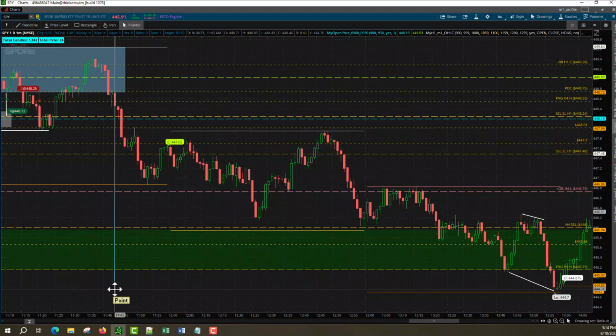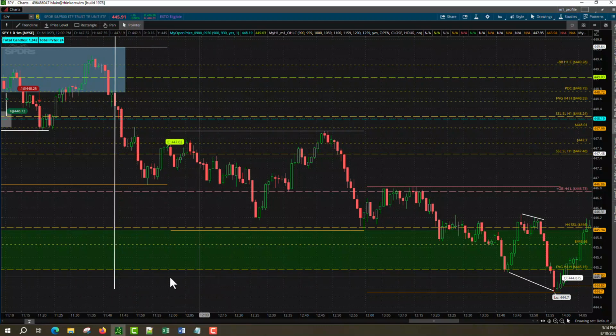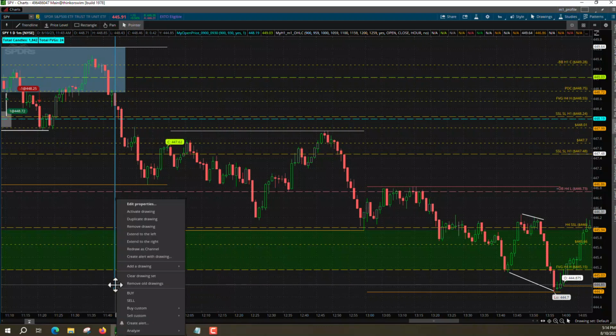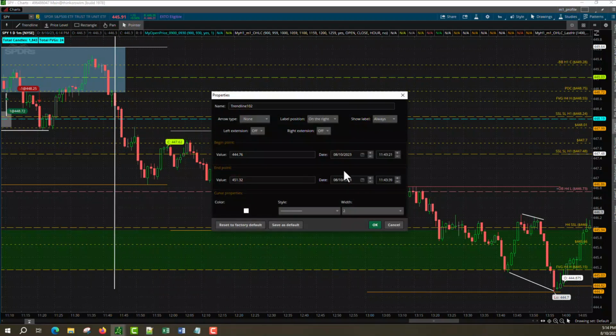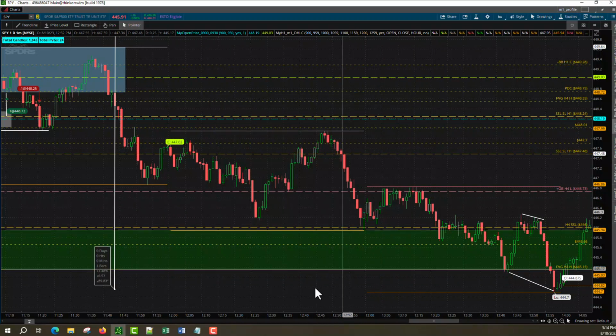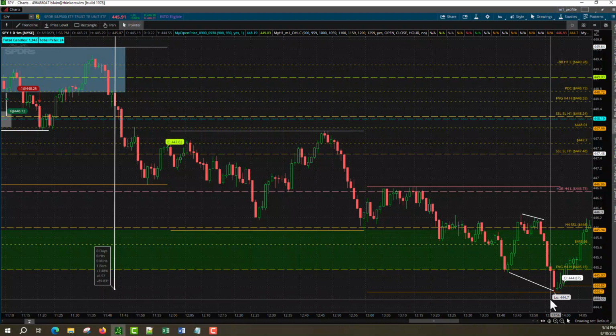It's a giant move. Right here, 1356, which is the previous day low.